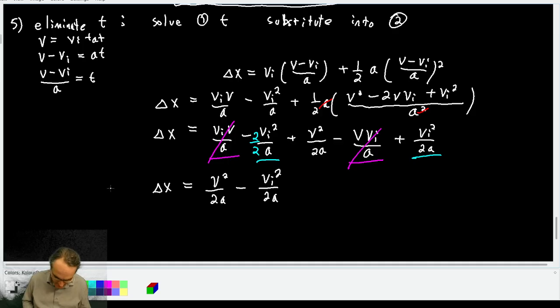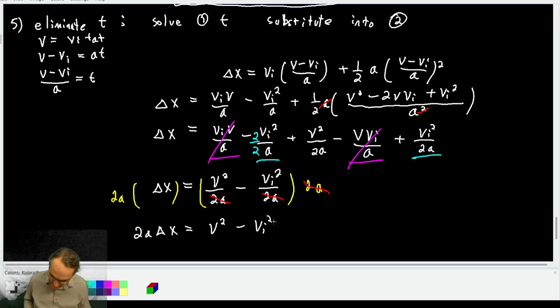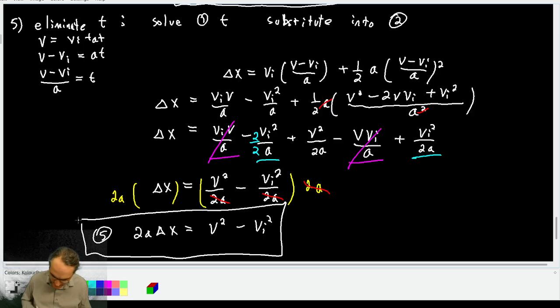The 2a is common, so I think what we want to do here is multiply each side by 2a so we can move it. And we'll get 2a delta x is equal to final velocity squared minus initial velocity squared, and that is the typical form of the 5th equation.